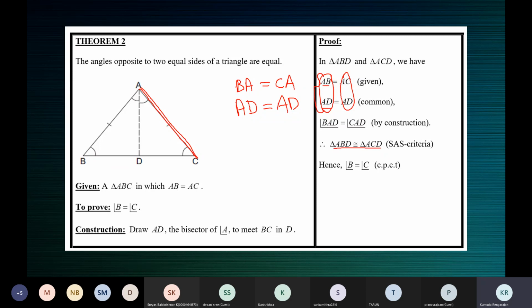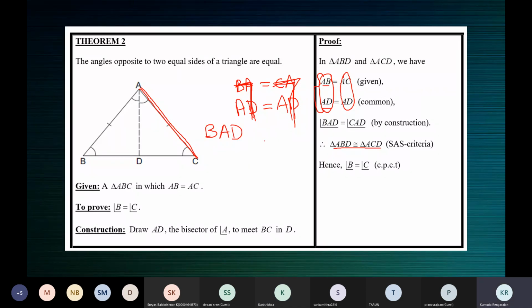Now see the order. Triangle BAD, CAD. This A is repeated, so leave it. Triangle BAD is congruent to triangle CAD. You can always use this method. Understand, children?